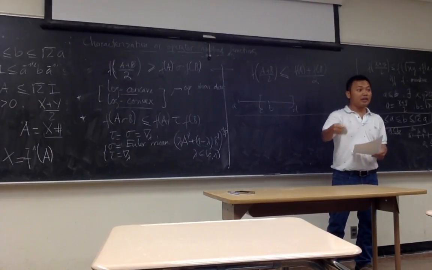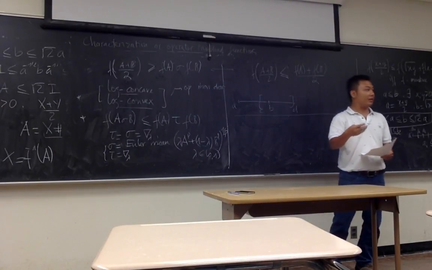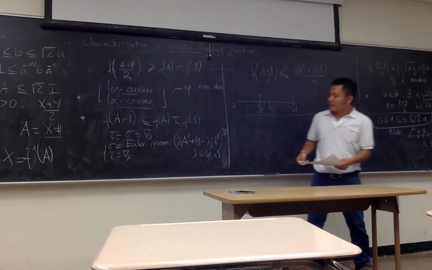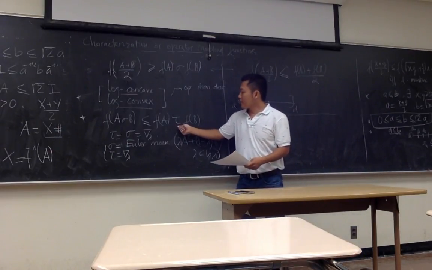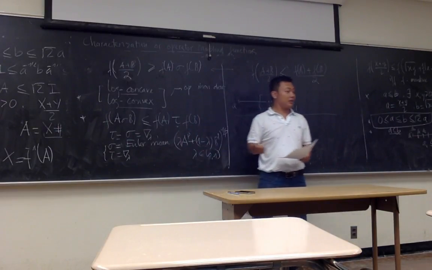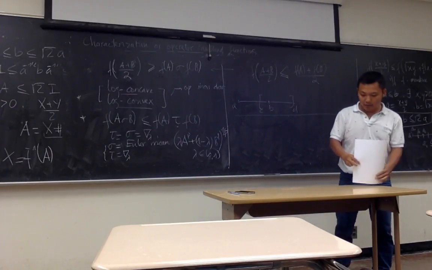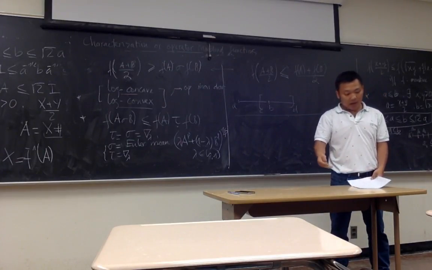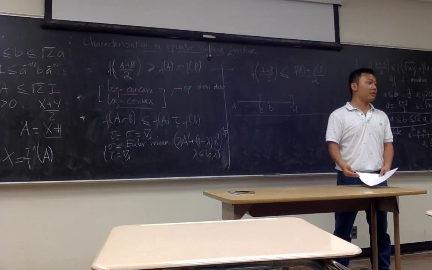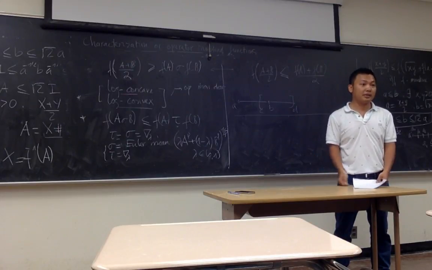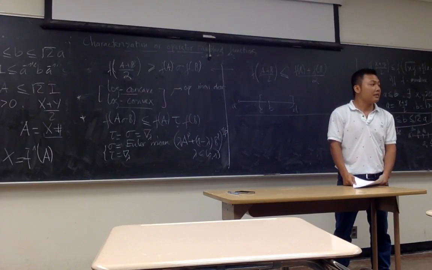And corresponding to each mean, they got some result. And you know, operator means are important in quantum information theory, because there are several kinds of quantum information quantities defined by operator means.